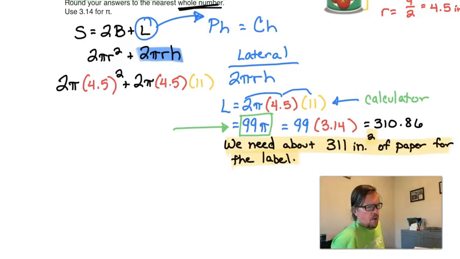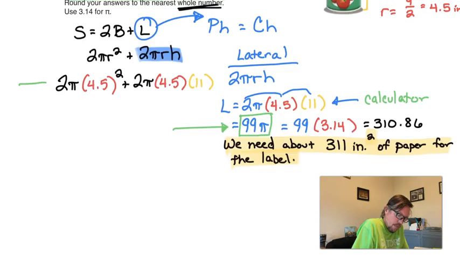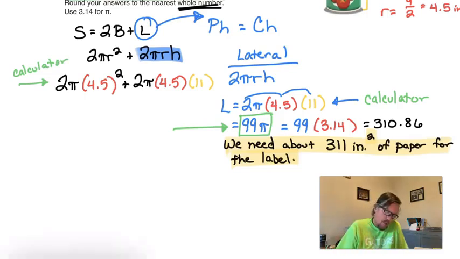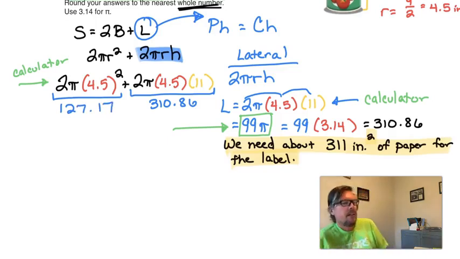Okay, here we go. So we could, again, type this entire thing into the calculator if we wanted to. There's absolutely nothing wrong with that. We know that this piece right here is going to come out to be 310.86 because we already did it. This part right here, I did this beforehand, comes out to be 127.17 on the calculator.